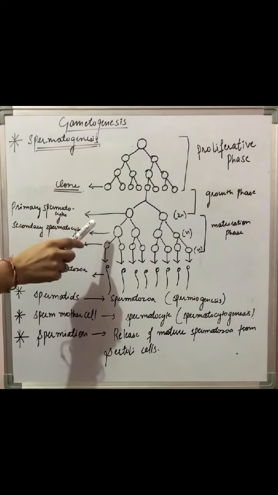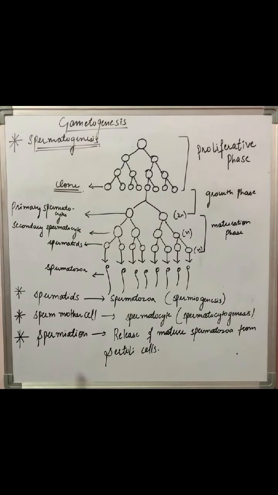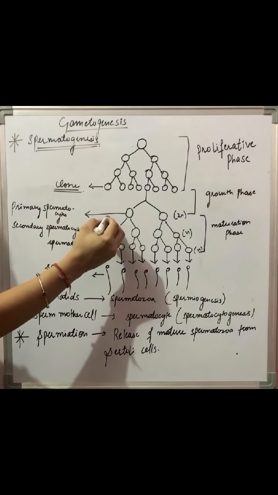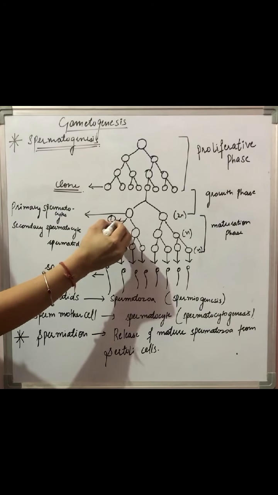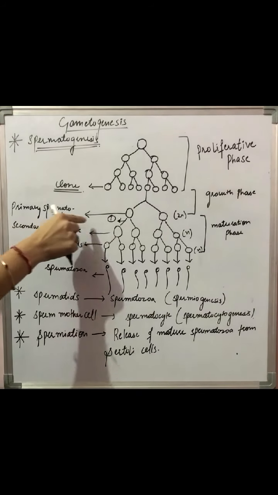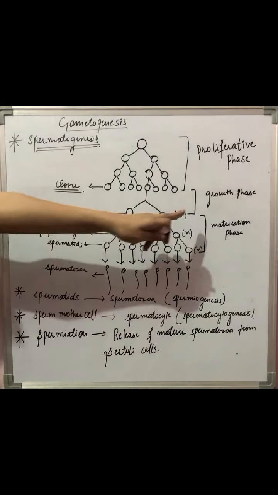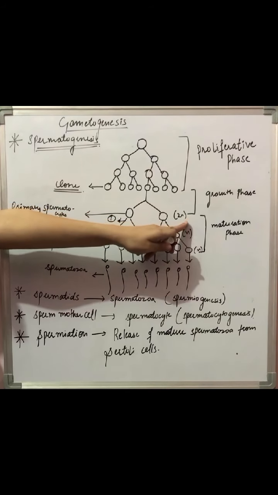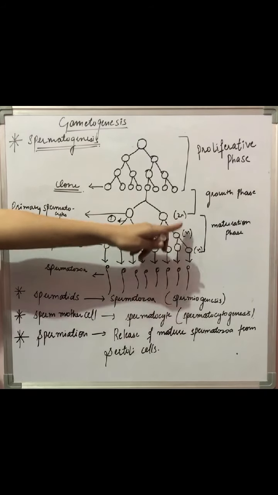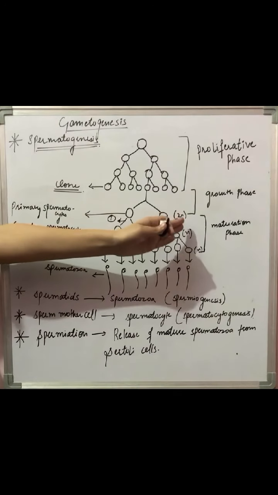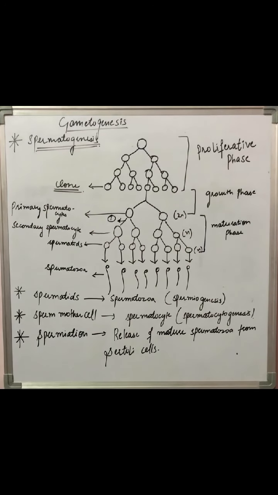Now after this the cells undergo the very first reductional division, that is meiosis, in which the number of chromosomes is reduced and n cells are formed. The cells forming here are known as secondary spermatocytes.